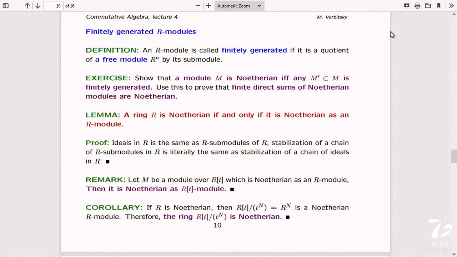Yeah, and of course, finitely generated module is just a quotient of a free module. So definition: R^n is a free module. It's just a direct sum of several copies of R, and M is finitely generated if M is a quotient of R^n.